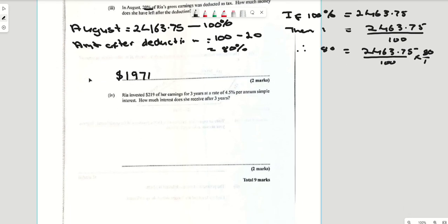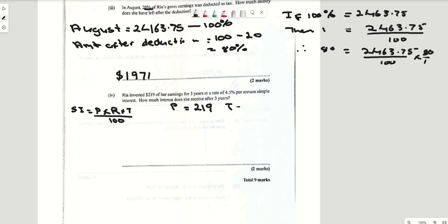Now part 4 says Rhea invested $219 of her earnings for 3 years at a rate of 4.5% per annum, simple interest. How much interest does she receive after 3 years? First off, we know simple interest is equal to principal times rate times time, all over 100. Your principal is the amount invested, which is $219.